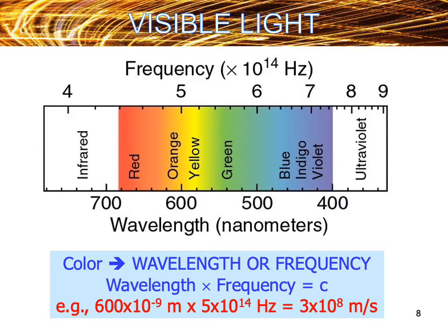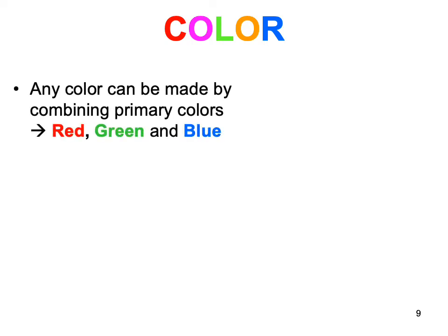You know, the bluer it gets, the shorter the wavelength is, and the redder the light is, the longer the wavelength becomes. And be careful, this scale gets smaller, the wavelength gets shorter as you go toward the right. So what is the color of the light?